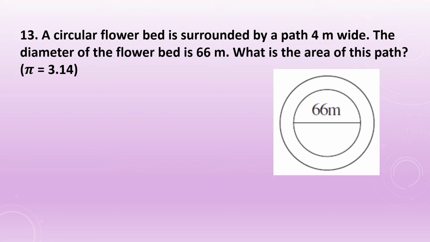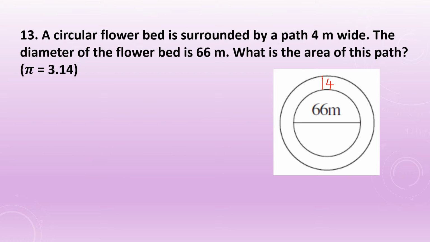That means we can find the area of the path, where the width of this path is 4 meter. Width of the path is 4 meter. We can find the area of the path.